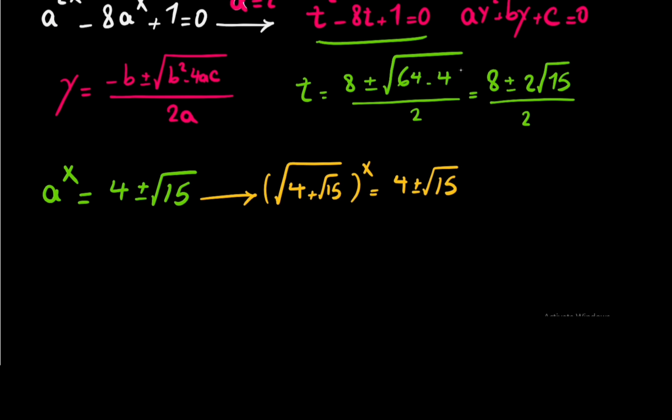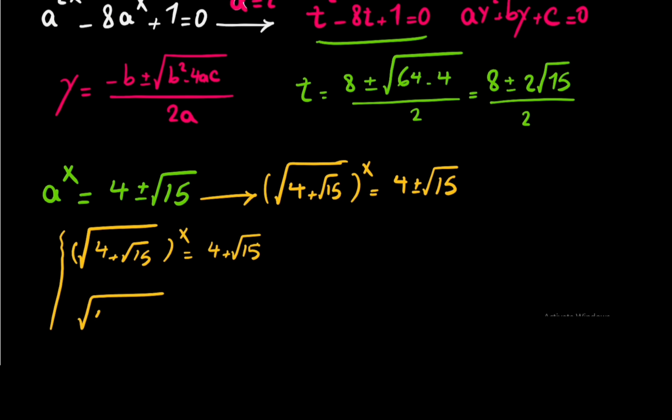So it means here we have two situations. The first one, let me write the first one: square root of 4 plus square root of 15 to the power of x is equal to 4 plus square root of 15. And the second one, square root of 4 minus square root of 15 to the power of x is equal to 4 minus square root of 15, right?